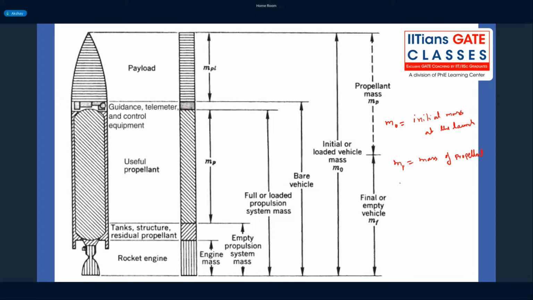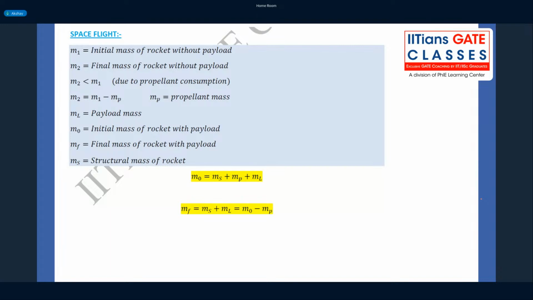Then we have a structure mass, that is the support structure. Then we will have a payload. Usually we will be dealing with these four masses. When it comes to a system-wise analysis, we can have multiple masses included. Now we have a brief idea about what kind of masses we are going to deal with. Now I will move on to the different relations among these masses.